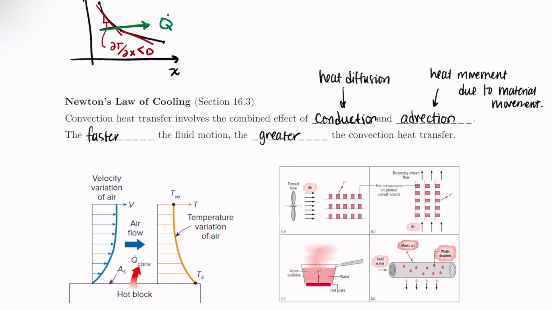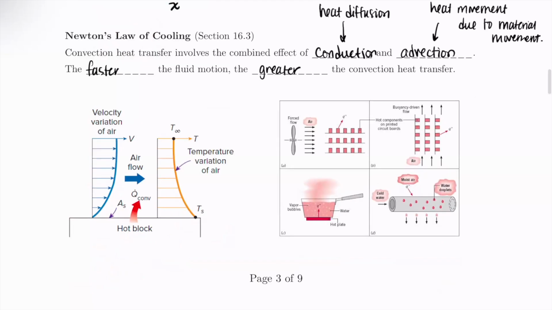If we take a look at flow over a hot block, essentially a block of material that is hot, with a cooler fluid flowing over top of it, a couple of things happen. I go through this in a lot more detail in the fluid mechanics course.